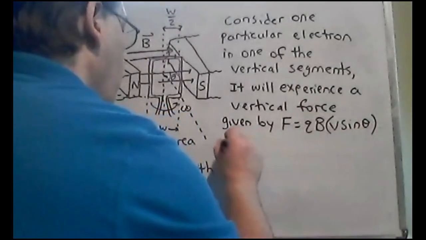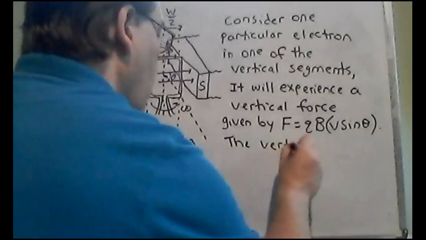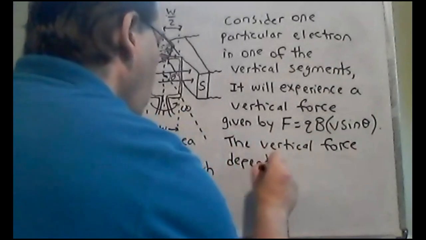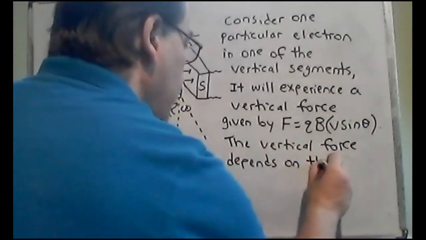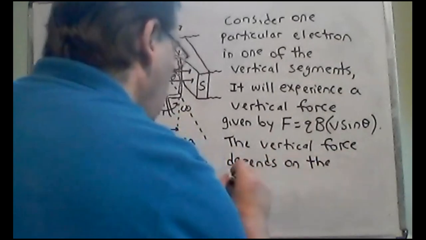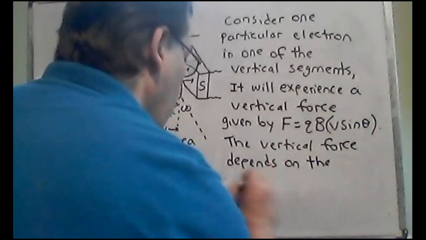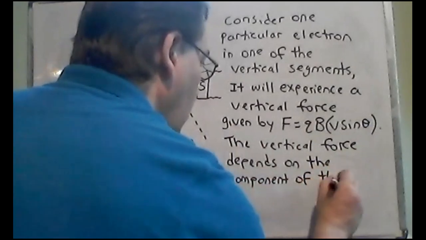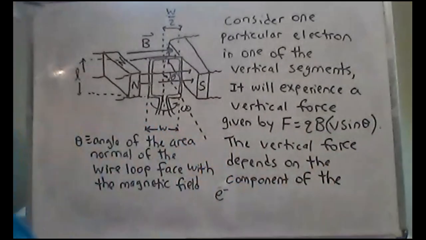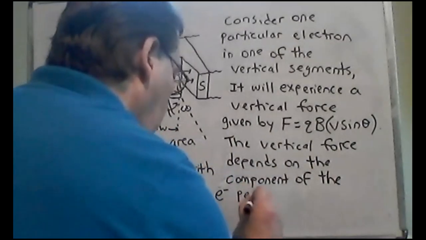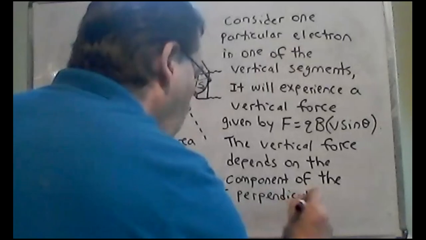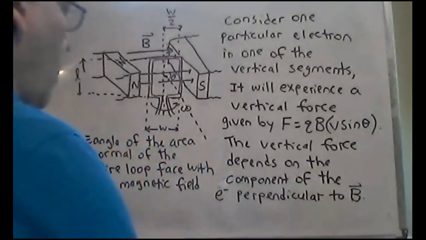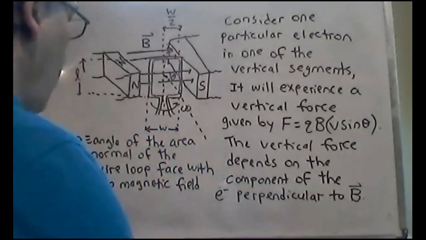So really, the vertical force depends on the component of the electron velocity, a little e minus to save space here, perpendicular to B. And that will vary in time.